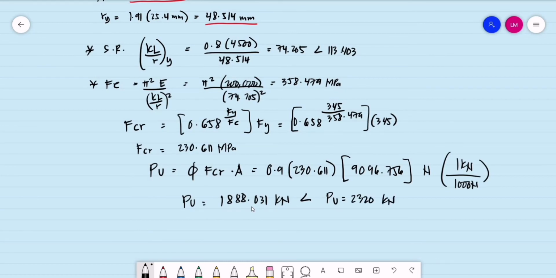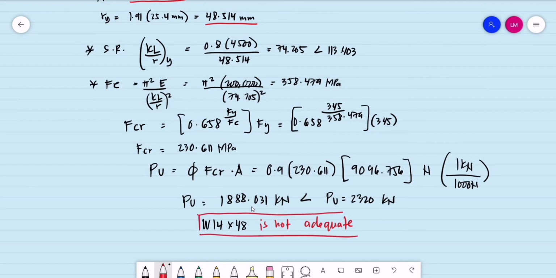So that makes our trial section W14 by 48 not adequate, which means we need a bigger section.